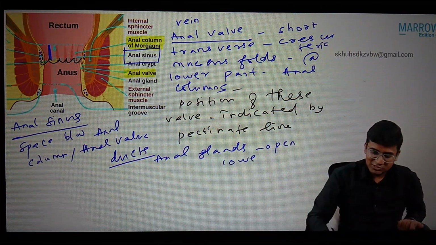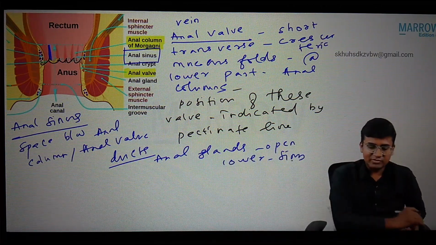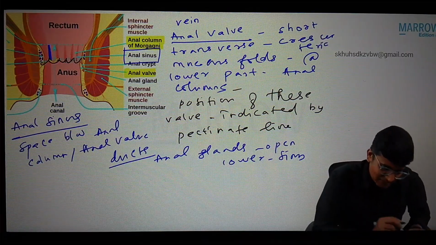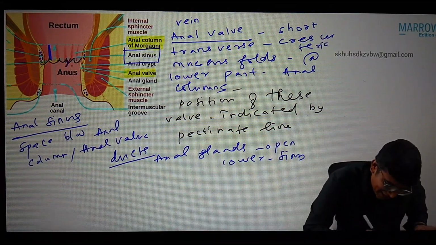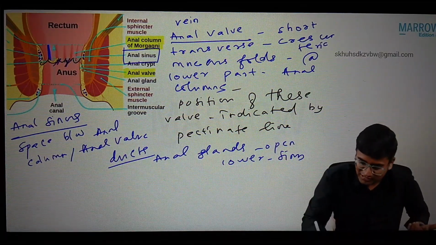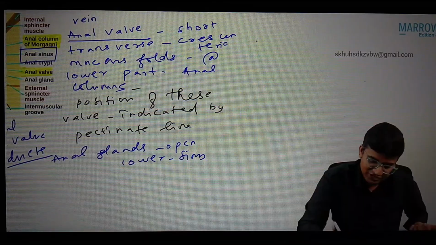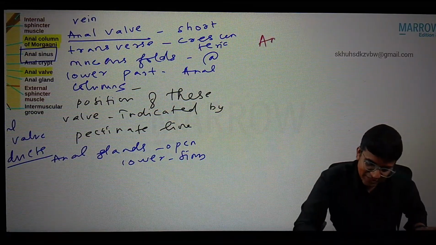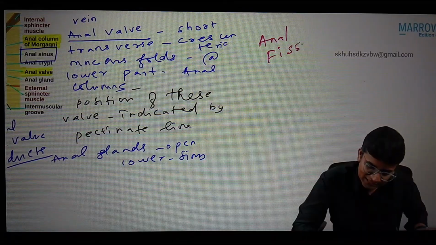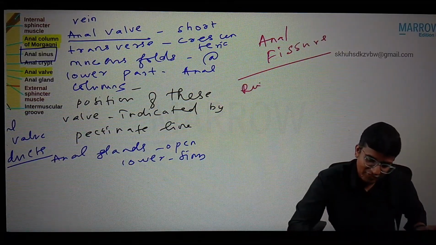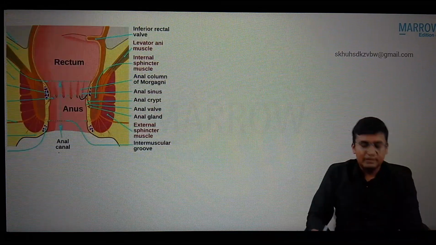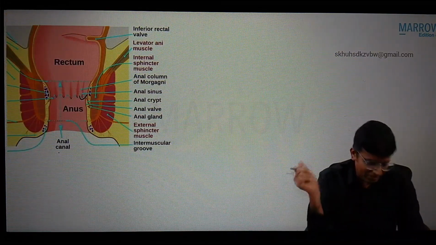One last point: sometimes the patient may have a rupture of the anal valve. That condition is called anal fissure. That's all about the upper part features.